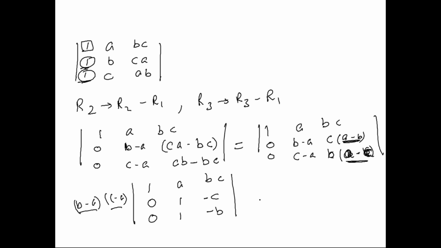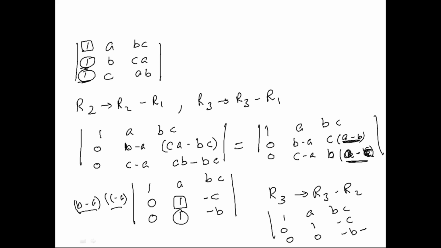Is that okay? Avni, is that okay? Now again we can make this 1 0 using this one. So this becomes R3 goes to R3 minus R2. This will become 1, A, B, C, 0, 1, minus C, 0, 0. This will become minus B plus C.